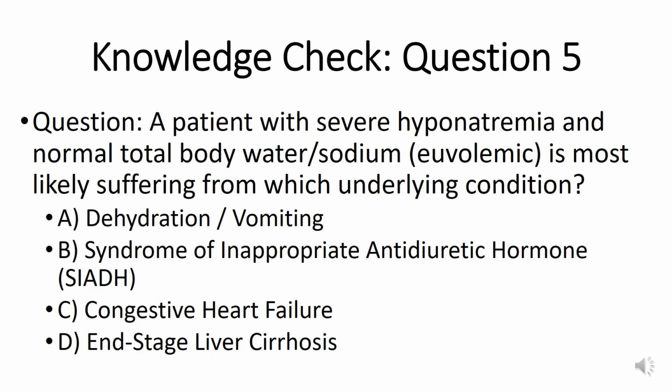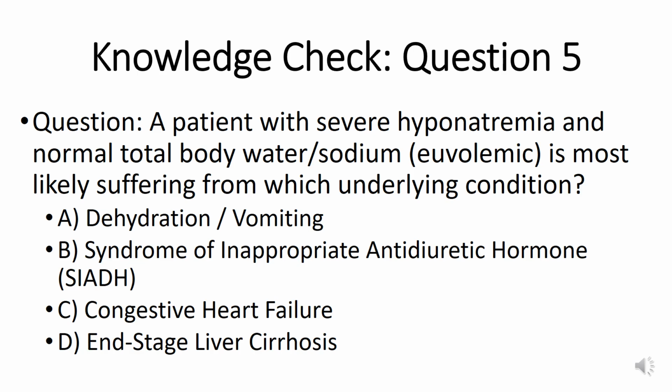The correct answer is B, syndrome of inappropriate antidiuretic hormone secretion, or SIADH. Hyponatremia is defined as a serum sodium concentration below 135 milliequivalents per liter. One of the most important concepts to remember is that hyponatremia is usually a disorder of water balance rather than a true sodium deficiency.